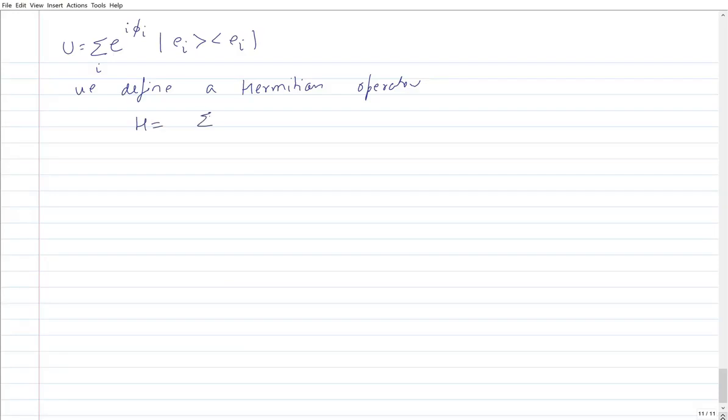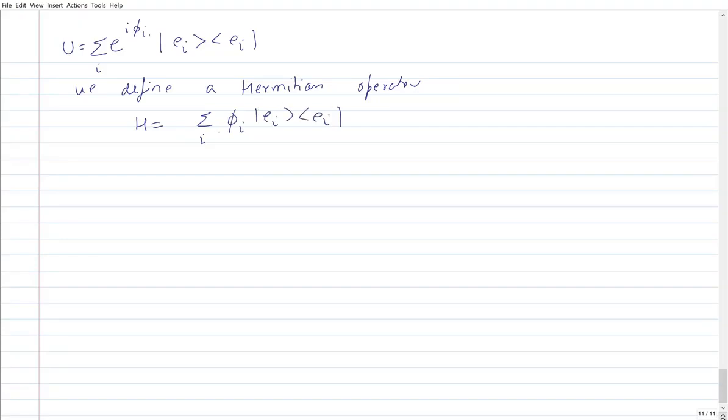This is going to be clear with the help of an example. Let's say I have a unitary operator. We already showed how for a unitary operator the eigenvalues are phases. Now we define a Hermitian operator H equal to this guy.